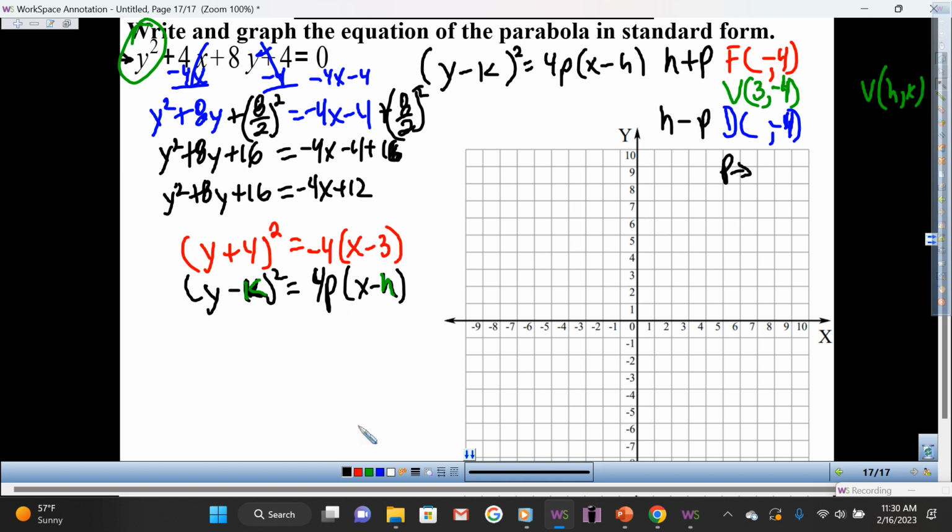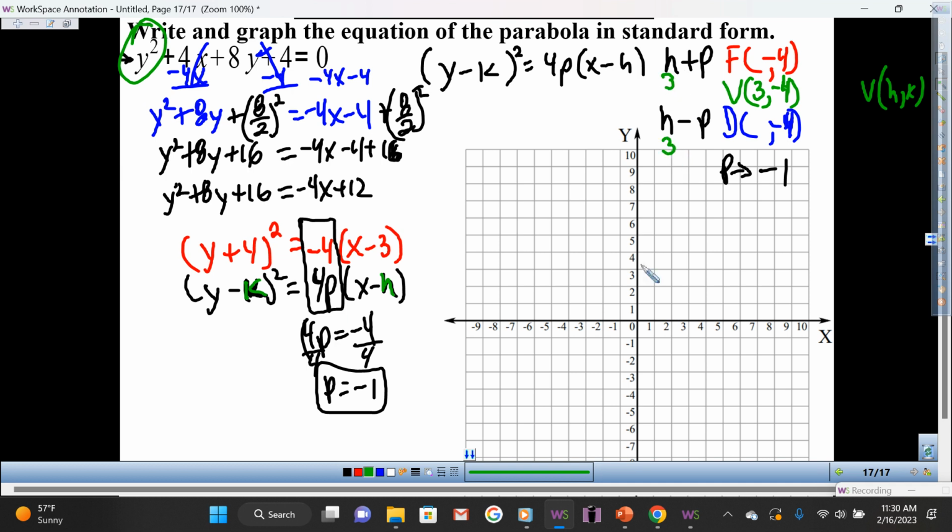All right. So with that said, we need to find the distance between the points. So box this. That gives us 4p equals -4. Divide. P equals -1. Okay. So with that said, h is what? 3.